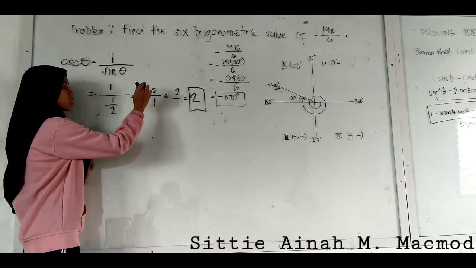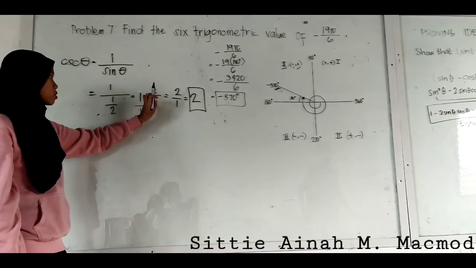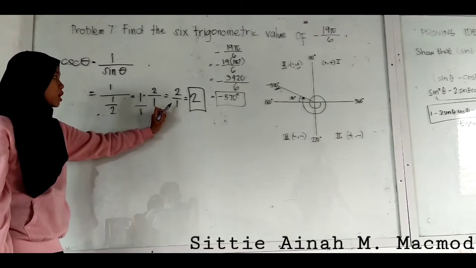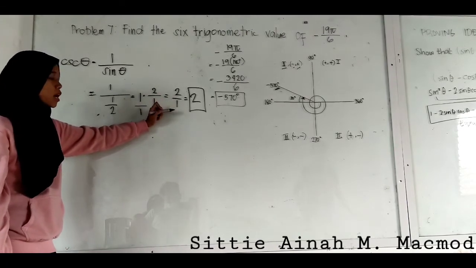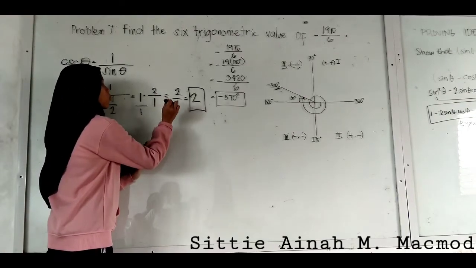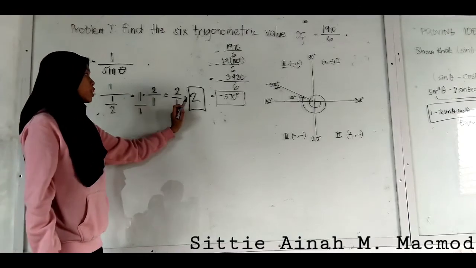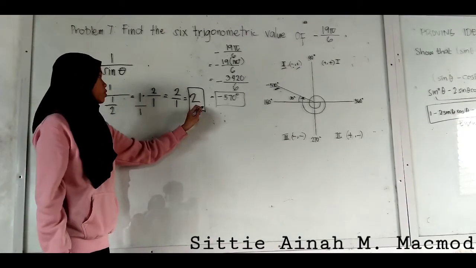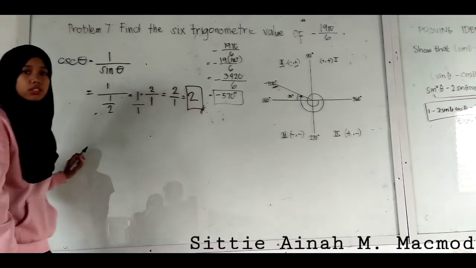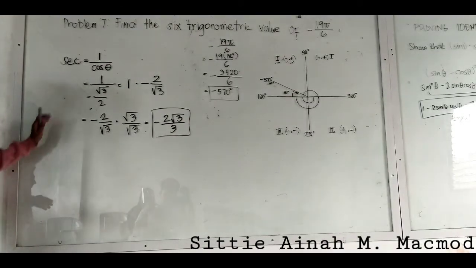So, 1 times 2 is equal to 2, and 1 times 1 is equal to 1. So, the result is 2 over 1, and dividing by 1, the result is 2. So, that's all.